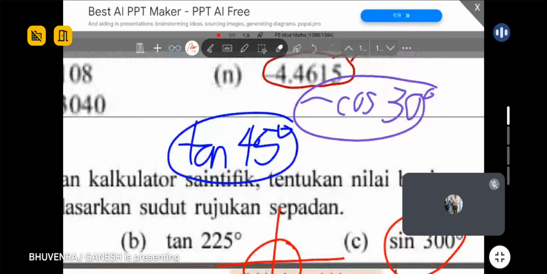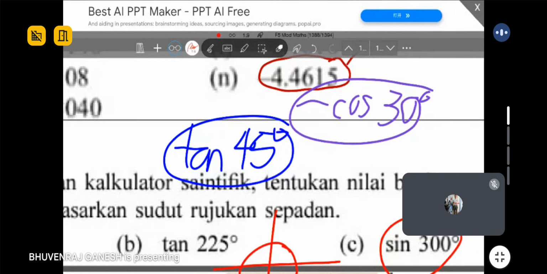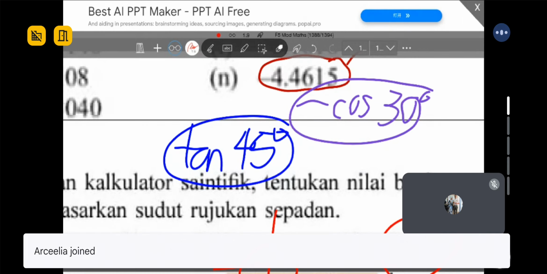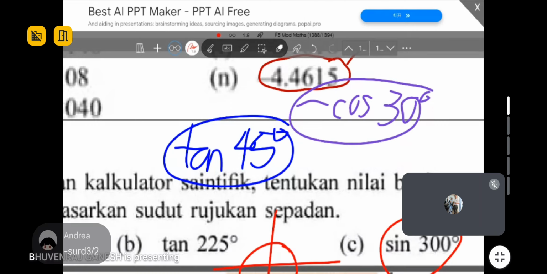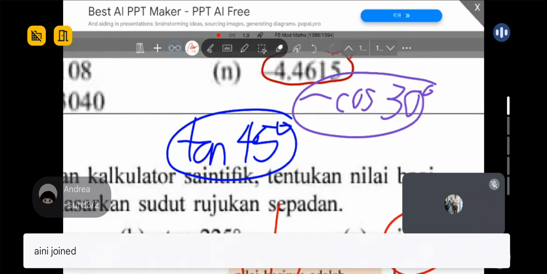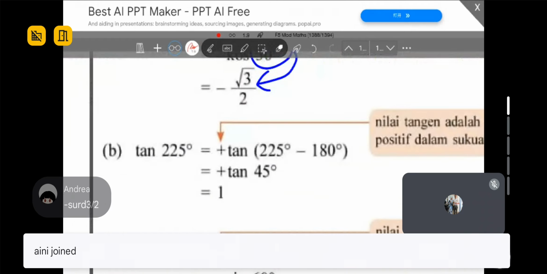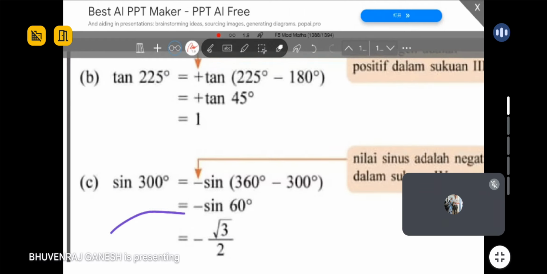All right. Now 60 degrees, sine 60. Can you all tell me what is the value, guys? Based on the triangle, berdasarkan segitiga tu. Sine 60. Negative root 3 over 2. Okay, let's check and see. Yes, very good.